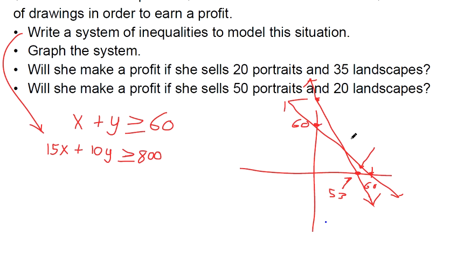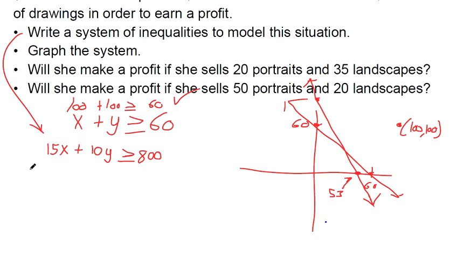And you might already know where the solution is. If you pick a point over here, like 100 comma 100, if you plug that in for X and for Y, that's definitely true.